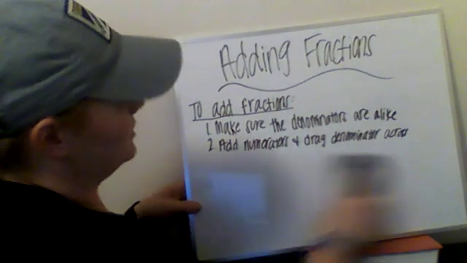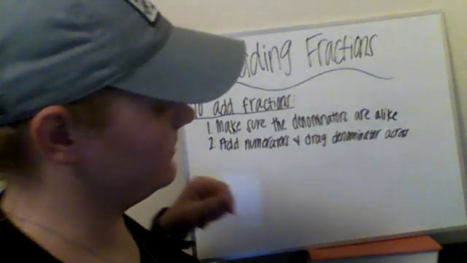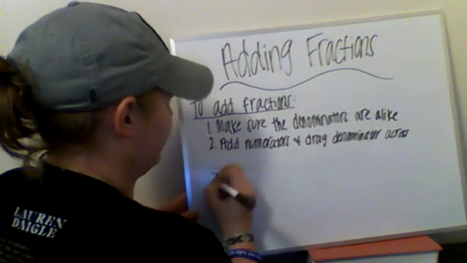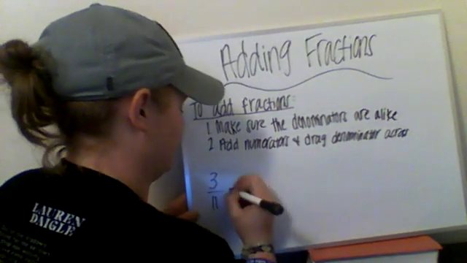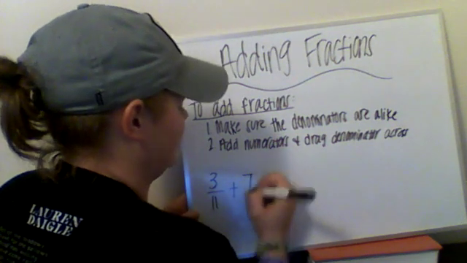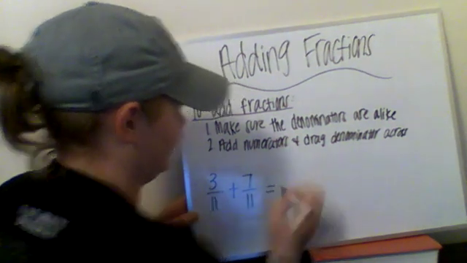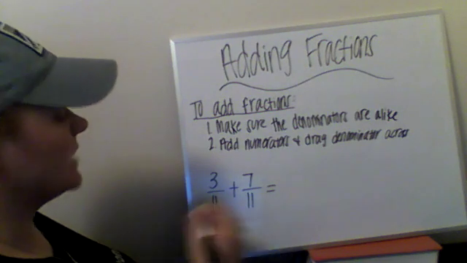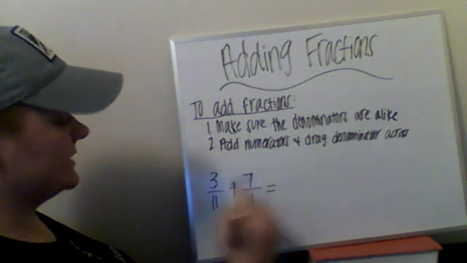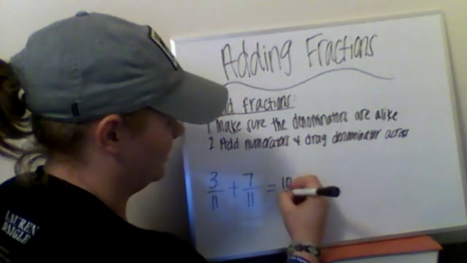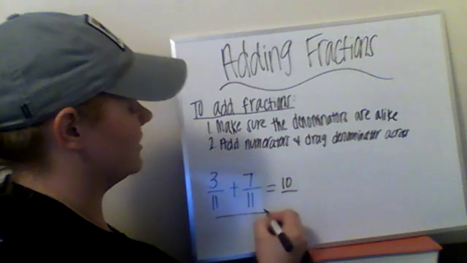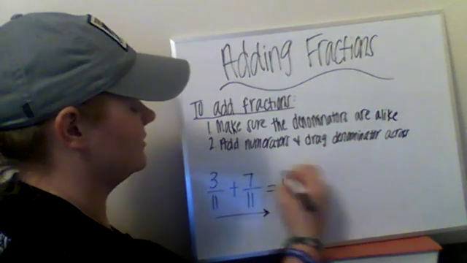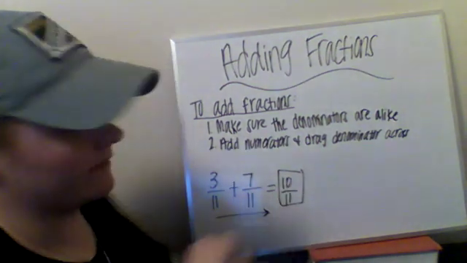If I gave you the problem 3/11 and 7/11, the light bulb should be going off that your denominators are the same, so we can add across. 3 plus 7 is 10. Then drag my denominator across, which is 11. So my answer would be 10/11.